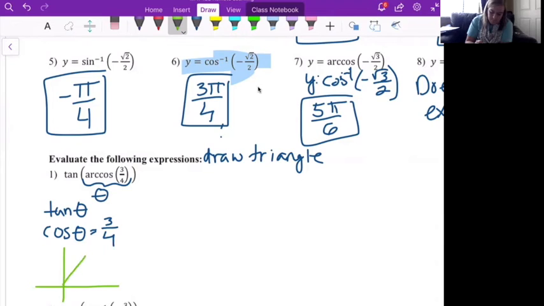And so cosine being 3/4 means that our x value is 3 and our hypotenuse is 4, because again, this is x over r.